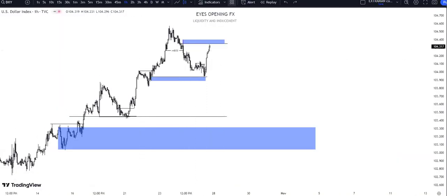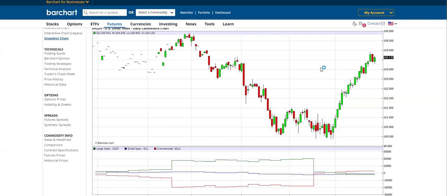Now, apart from this, when you look at the commitment of traders based on the summary, the one ICT himself uses, right here you will see they're adding more positions just from here, which is where the buy ended.